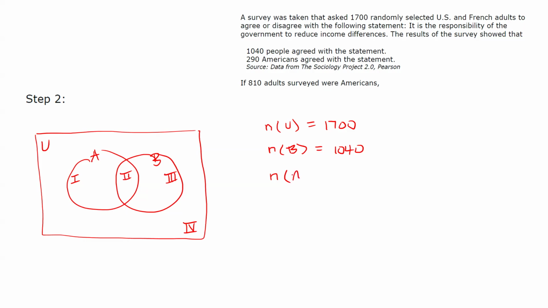So that means A intersect B will equal 290. Okay. All right. What else do we know here? Let's read this real quickly. We also know, lastly, 810 adults surveyed were Americans. Well, set A is the number of Americans who were surveyed. So the cardinality of set A would be 810.